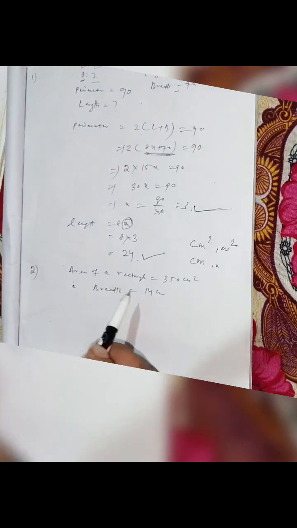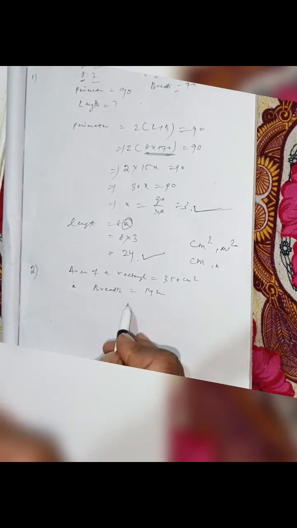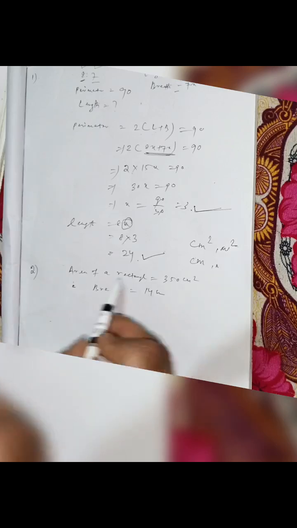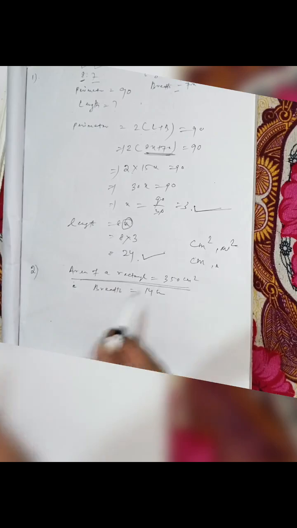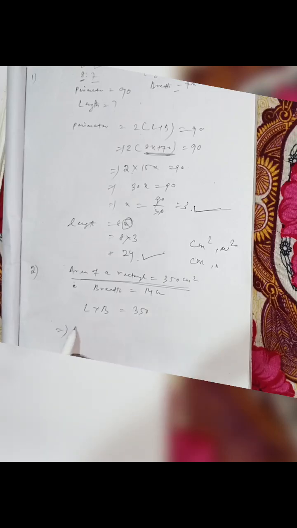To calculate the perimeter, first of all you have to calculate the length. In the area formula, length into breadth is equal to 350. Here breadth is given, length should be calculated. L into 14 is equal to 350, so L is equal to 350 by 14.